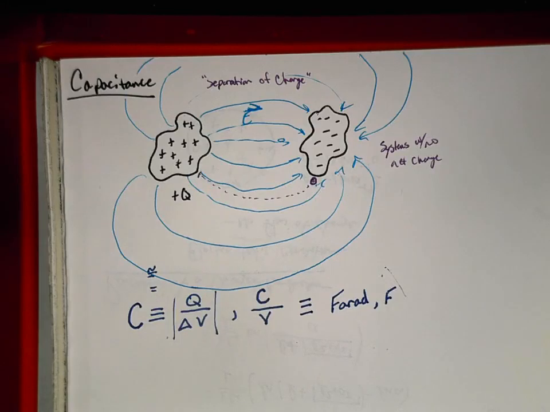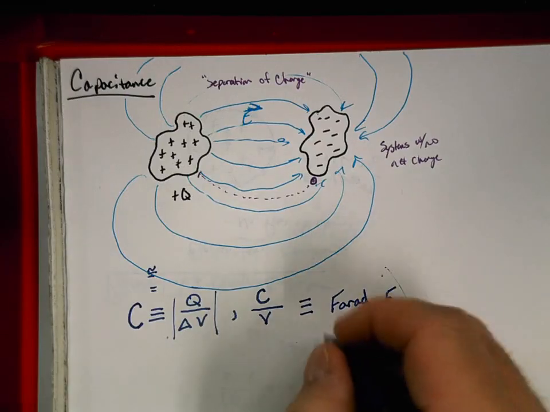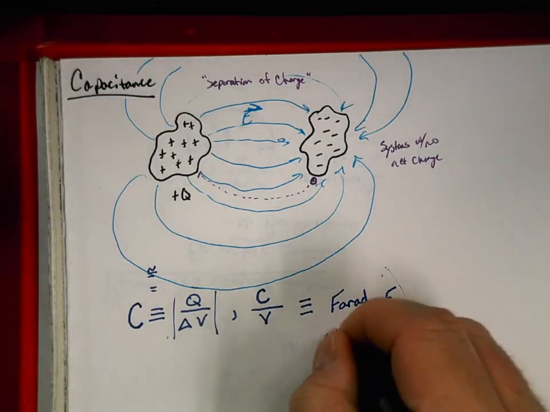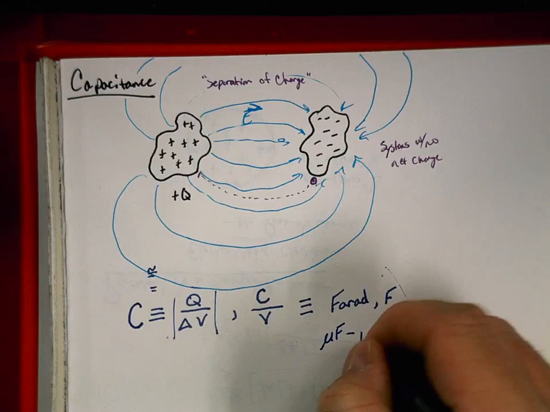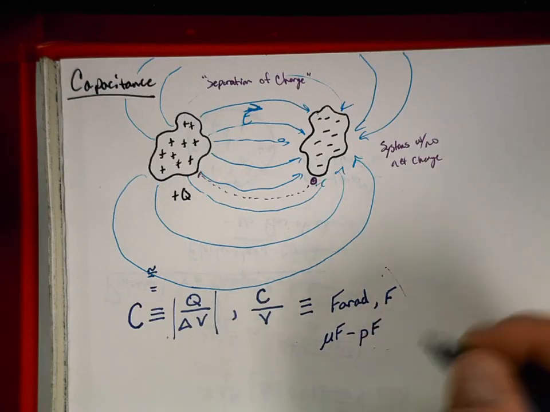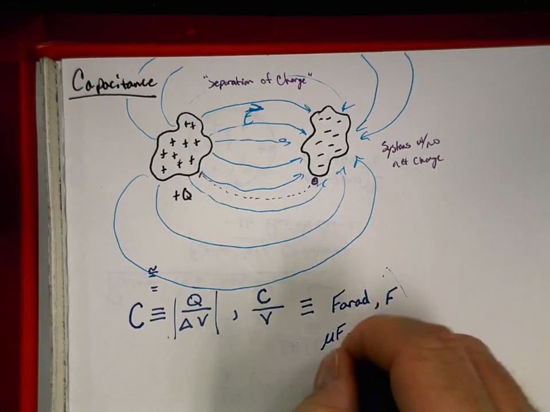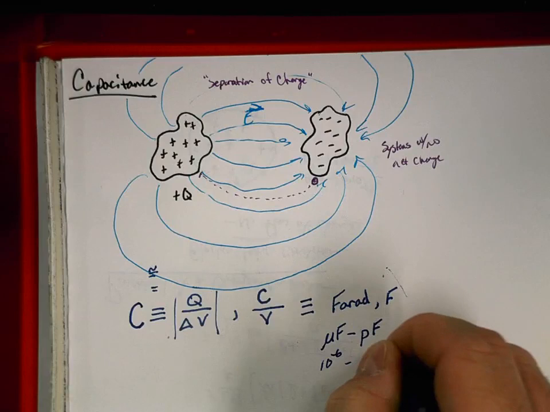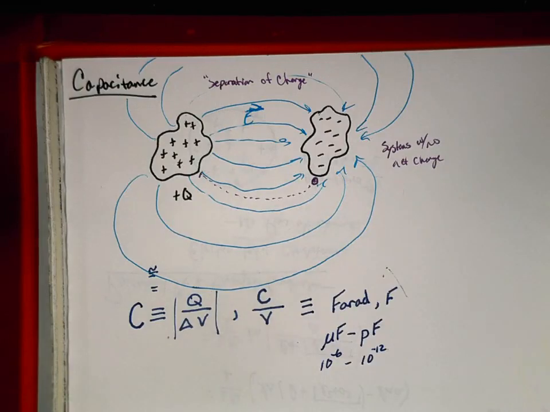For practicality's sake, in our day-to-day electronics, we deal with stuff in the microfarad to picofarad range. So the 10 to the negative 6 to 10 to the negative 12th range. Okay, there are nanofarads also, but usually it's micro and pico.